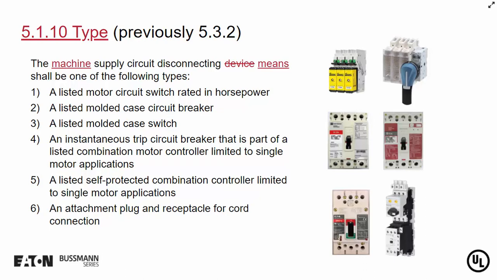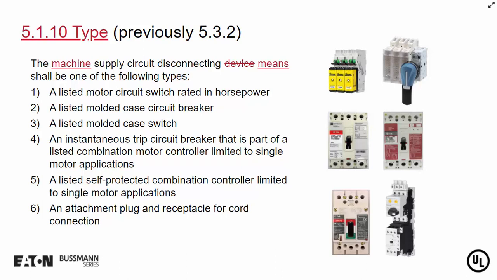You basically have maybe just one load for this machine, one single motor, and I've decided to use the instantaneous trip circuit breaker, which provides the short circuit protection for the motor circuit, as well as the disconnect for the motor circuit. But I have to make sure I marry that with the appropriate motor controller that's been tested and listed for use with that.